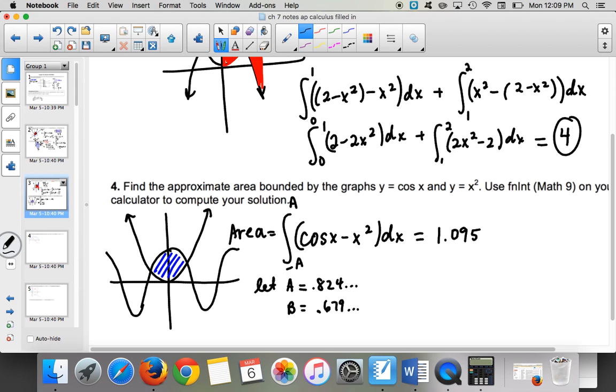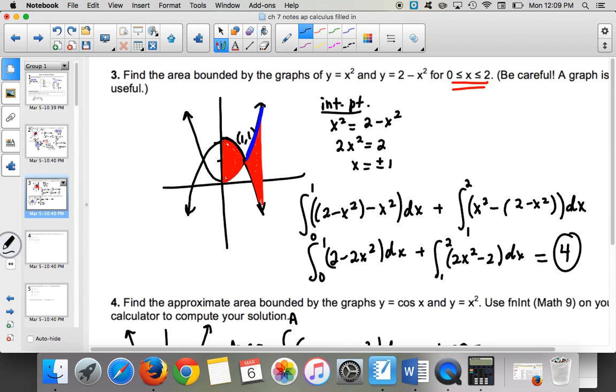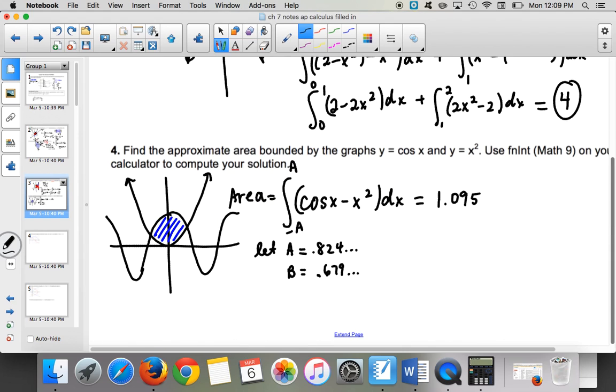Nope, I used x values. It's x to x so far. I'm going to use the y's when I have a right to left thing, like on number 3, because x was positive and negative 1. It would become a 1 anyway. So what I did is I did 0 to 1, and then I did 1 to 2, like the x-axis. Tricky.